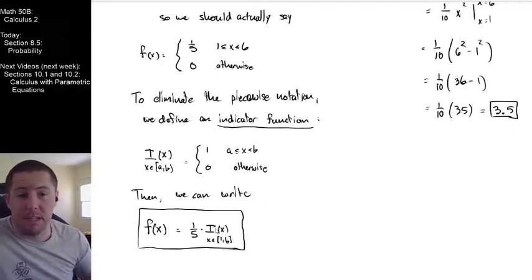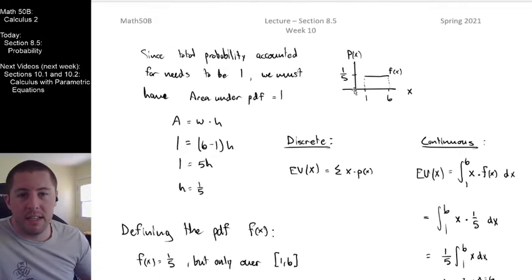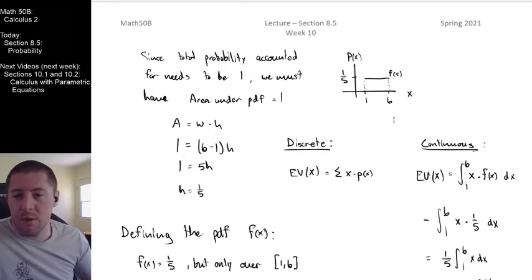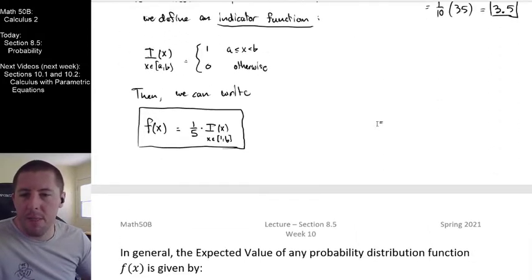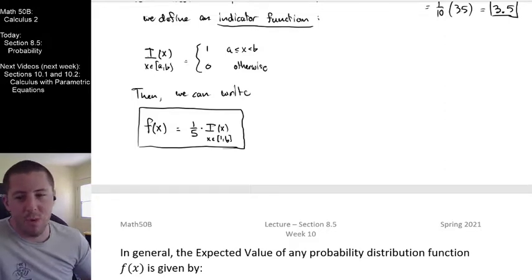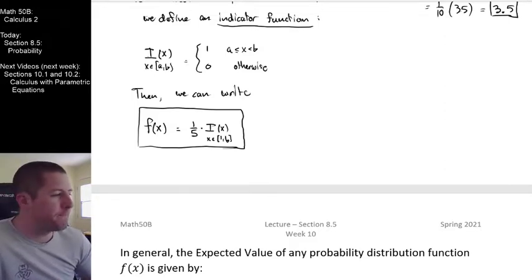That 1/5 probability, as we saw, only existed over the domain from 1 to 6. So we keep it over that interval and let it go down to 0 everywhere else. I think this is a really neat notational idea. I feel like it's something I should use more often. And in other classes, this isn't just a probability idea. It just comes up commonly in probability since so many piecewise functions crop up.